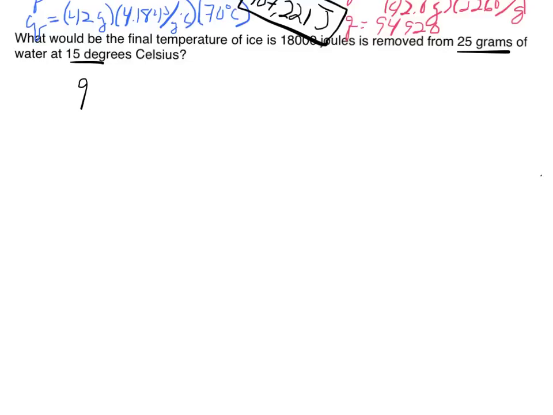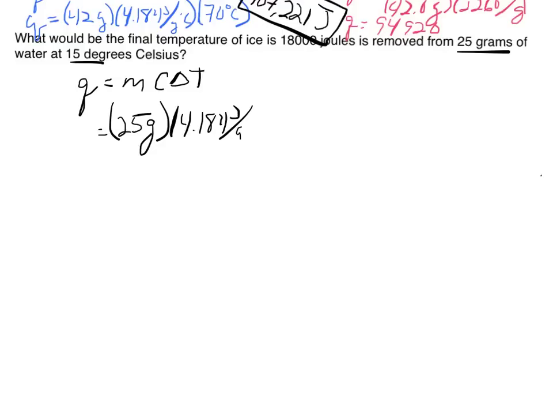So we're going to do Q is equal to mc delta T. And we're going to see how much energy has to be removed to change that temperature. So we're going to have the mass is 25 grams. We're going to have the C value of 4.184 joules per gram degree Celsius.